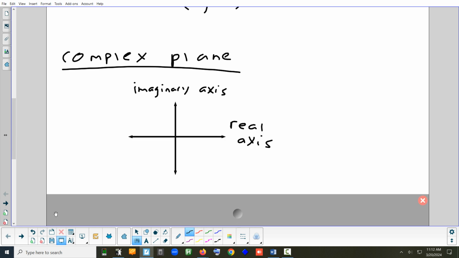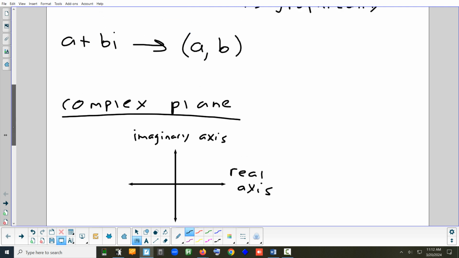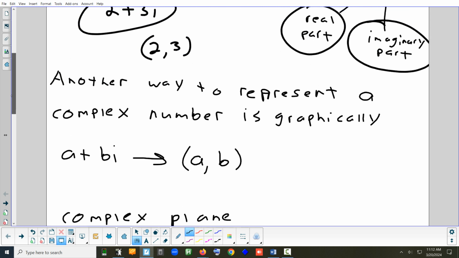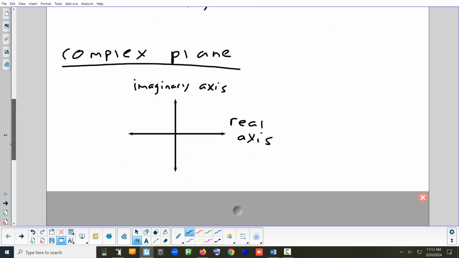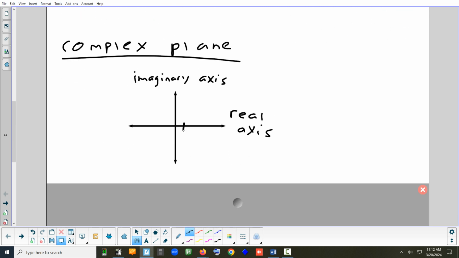Okay, so that's a picture of the complex plane. The real axis takes the place of the horizontal x, and the imaginary axis takes the place of the y. So to graph something like 2 plus 3i, the real part is 2, the imaginary part is 3.